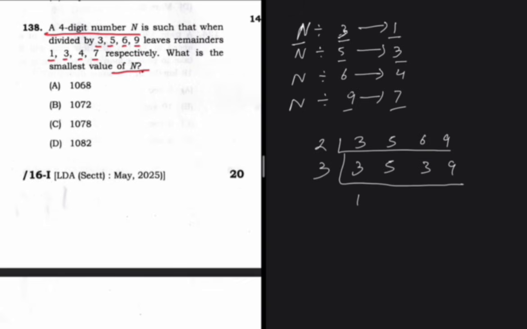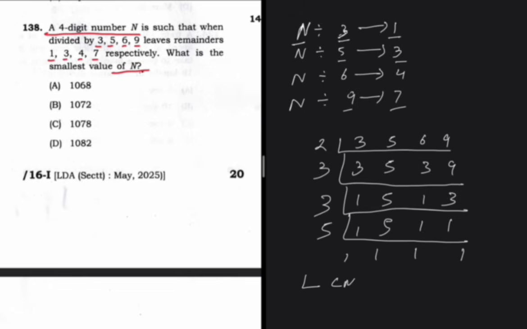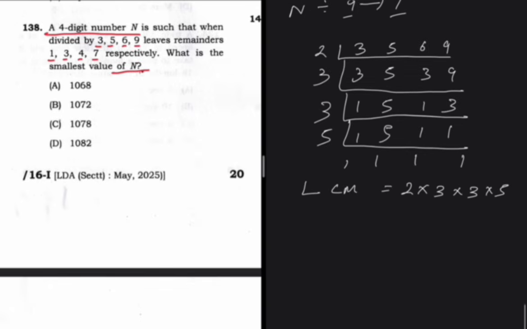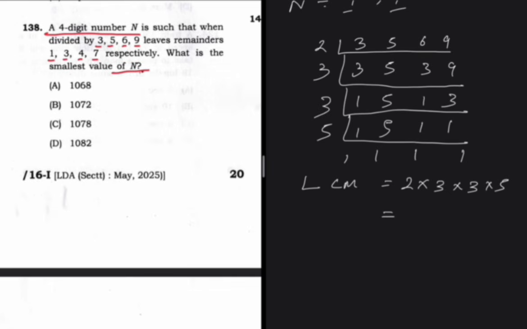This will be 1, 5, 1, 3. Okay, we'll do with 3 again. It will be 1, 5, 1, 1, and do it with 5. It's 1, 1, 1, 1. So the LCM is equal to 2 into 3 into 3 into 5, so this will be equal to 90.